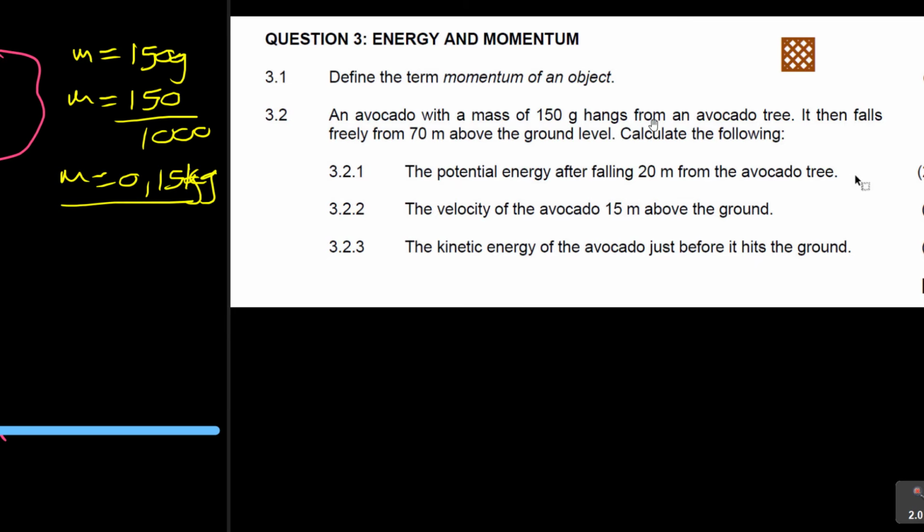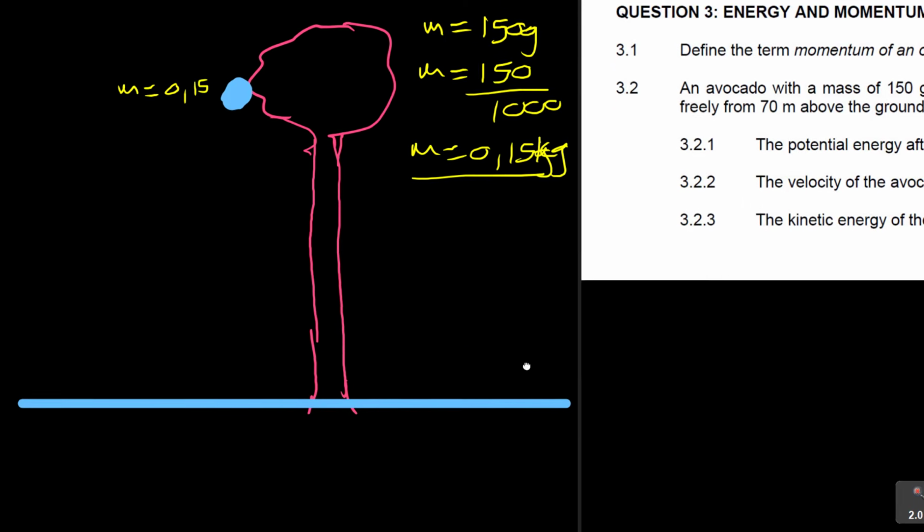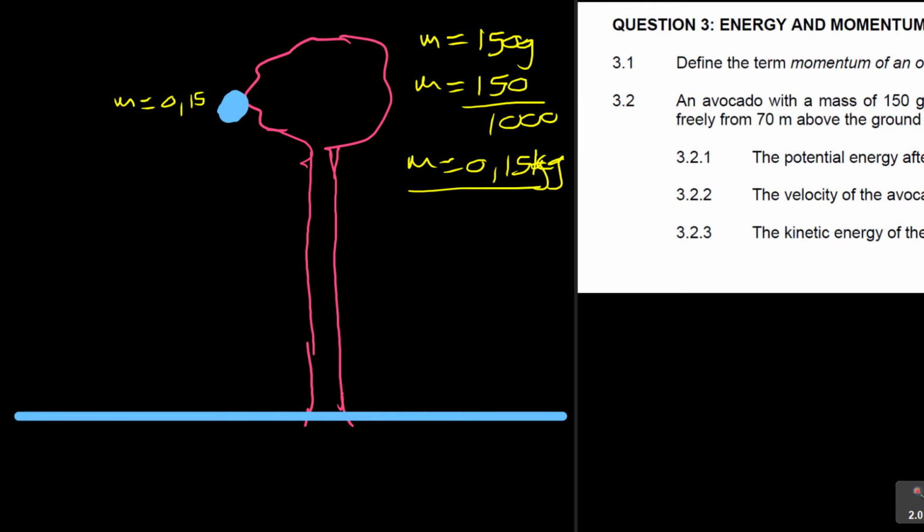It says it hangs from an avocado tree. It then falls freely from 70 meters above the ground level. Above: you look at the ground and the distance from the bottom, that's why they're saying above. If I mark this, let's say this is our avocado here.